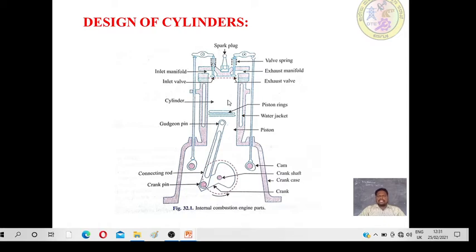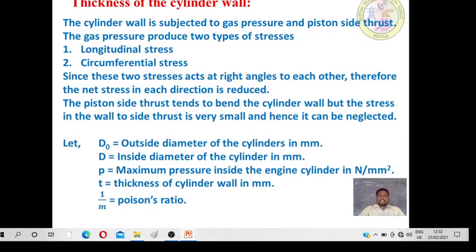Before designing engine cylinder, we should know the components which receive stress or force or heat, whatever it may be. If you know the components which are undergoing these conditions, then we can design the parts very easily. Now let us see about the thickness of the cylinder wall. The cylinder wall is subjected to gas pressure and piston side thrust. So whenever we are going to design the cylinder wall, we have to consider these two factors.